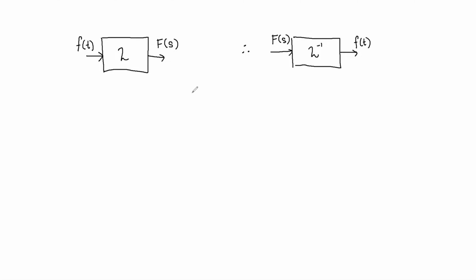To write this as a formula, if you are given Laplace of f(t) is equivalent to F(s), then the inverse, denoted by L negative 1, of F(s) gives you back the original signal f(t).